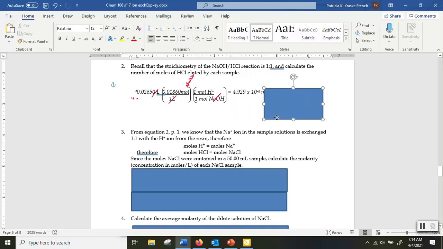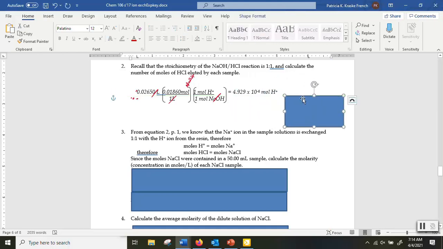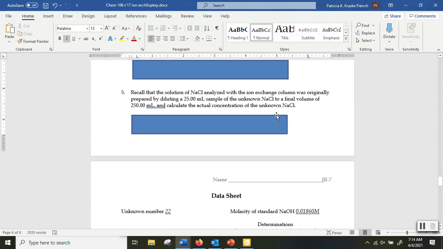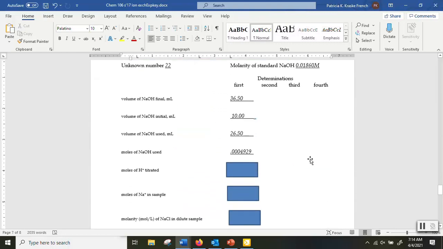Finally, we end up with our moles of H+. So now we can fill that line in, and there we have it. We need to know how many moles of hydrogen were titrated, and that was 1-to-1, so it's the same number.